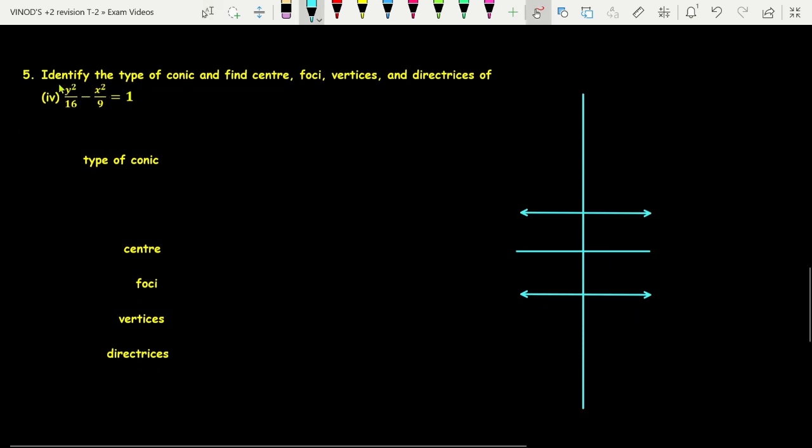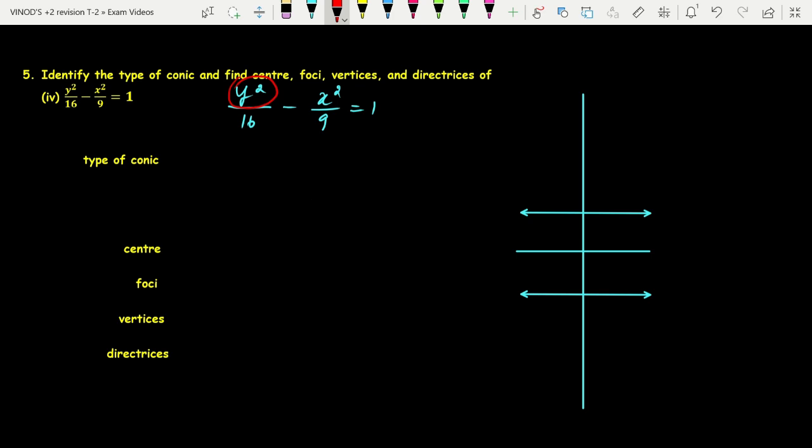Exercise 5.2. Problem number 5. Identify the type of conic and find center, foci, vertices and directrices of the equation y square by 16 minus x square by 9 equal to 1. So given equation is y square by 16 minus x square by 9 is equal to 1. You can see that the first term numerator is y square.